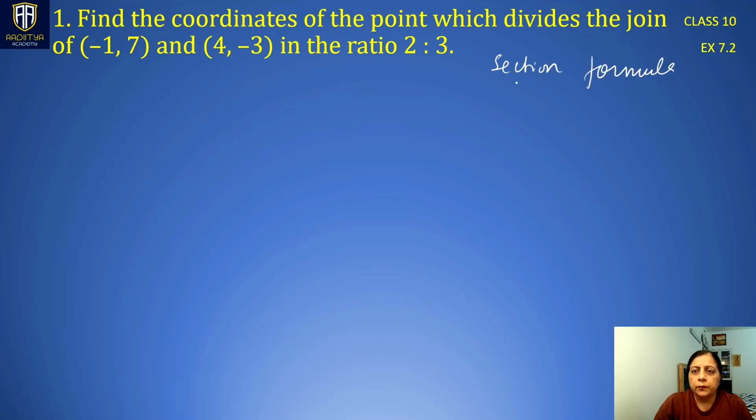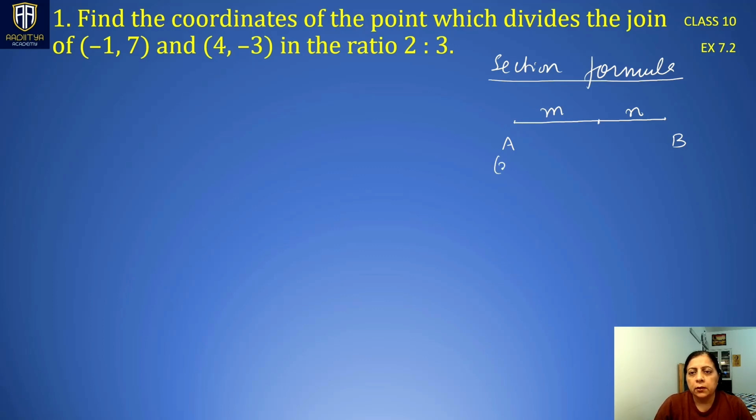Section formula is used when we have to find the coordinates of a point P which divides a line segment into a given ratio m:n.